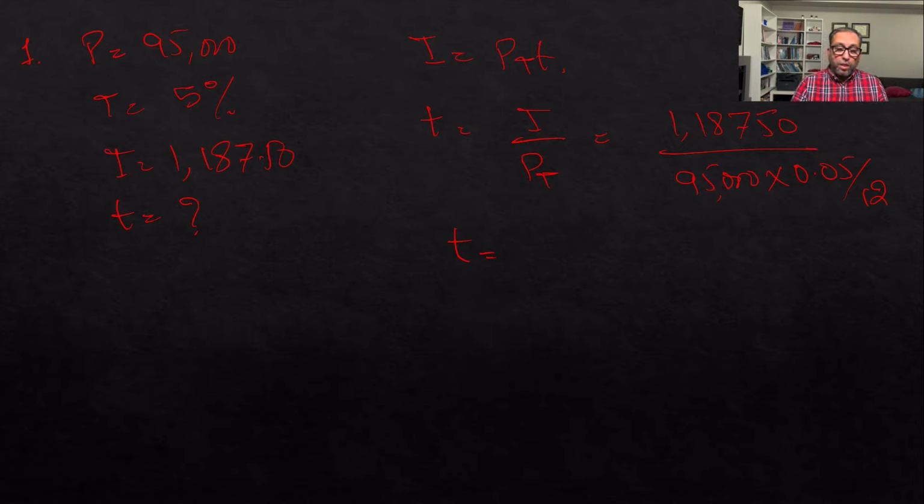So we see here, we get the T value is 3 months. It is important to note that we have to convert the interest rate into per month in order to calculate the time period in months.